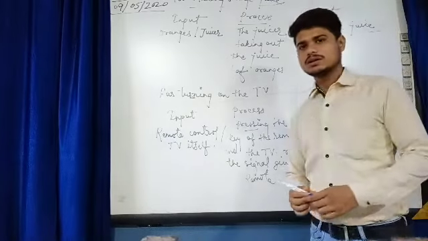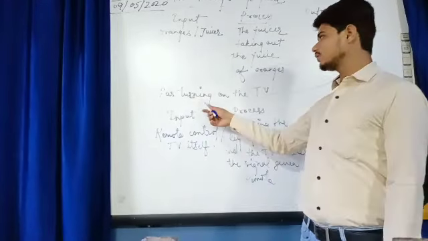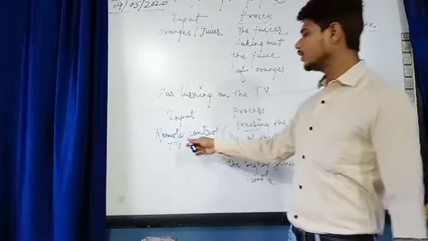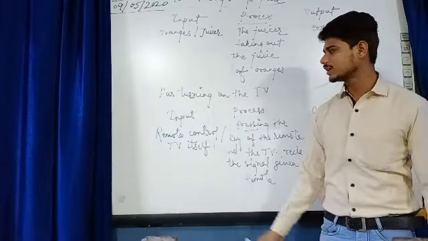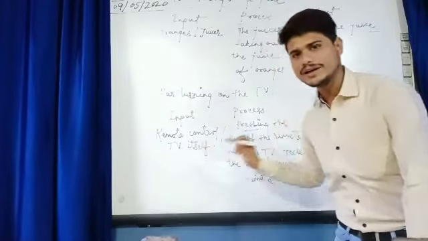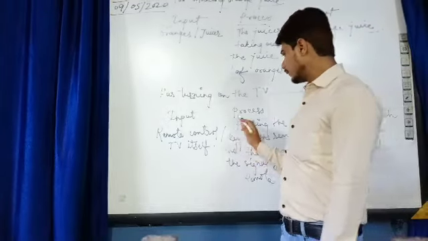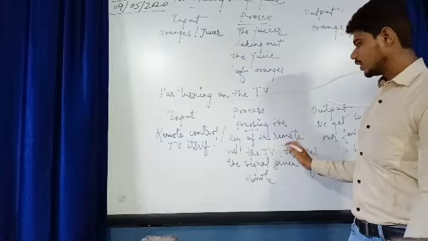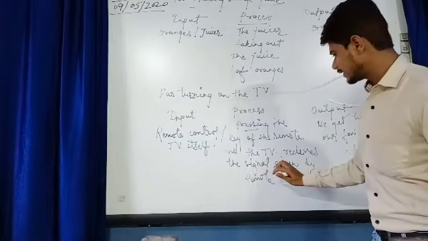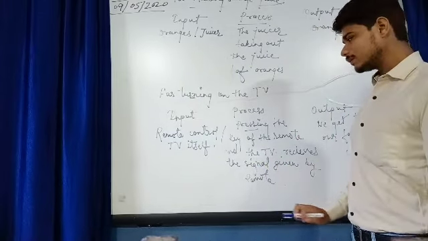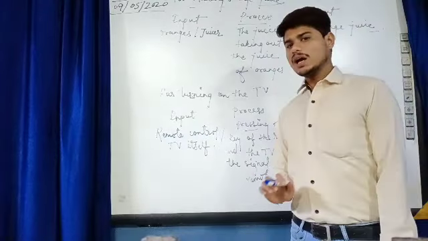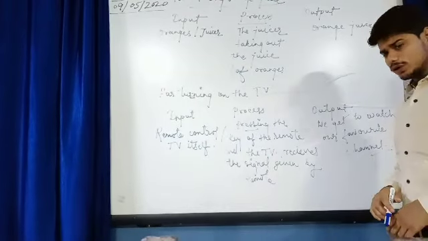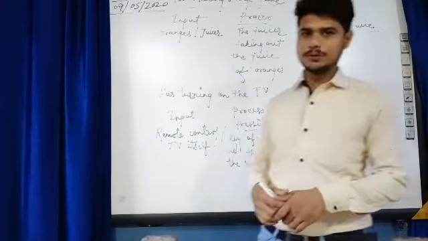So students, the second example is turning on the TV. The required input is the remote control and the TV itself, and the process is pressing the key of the remote, and the TV receives the signal given by the remote, and what we get as output is to watch our favorite channel.